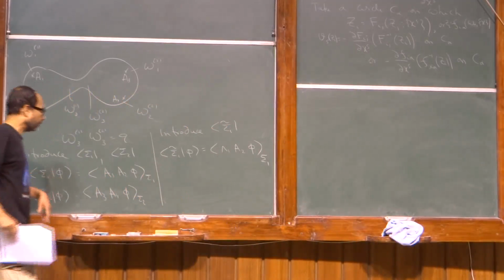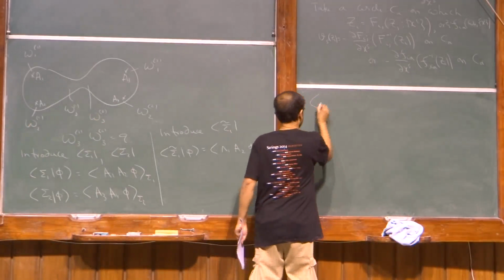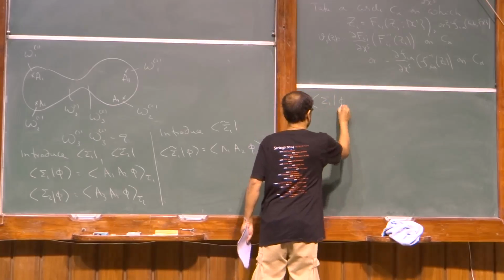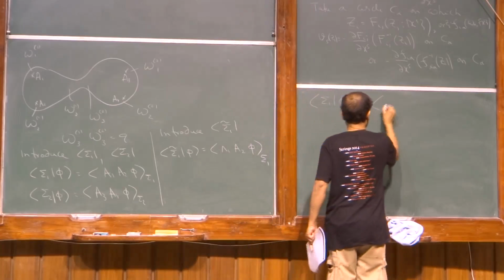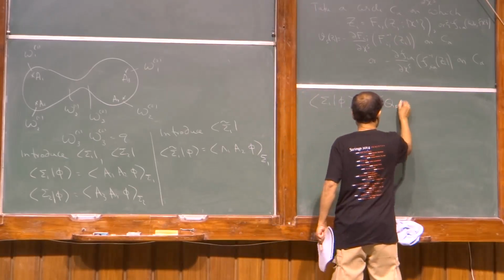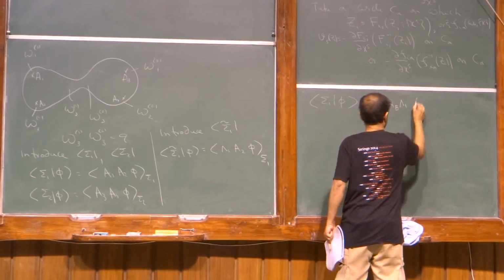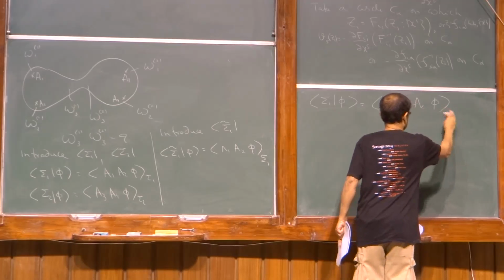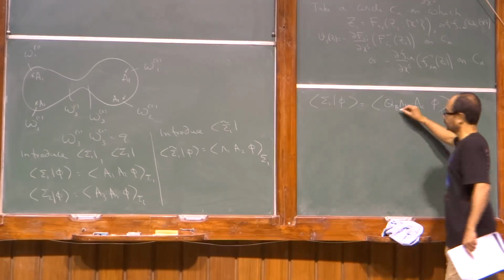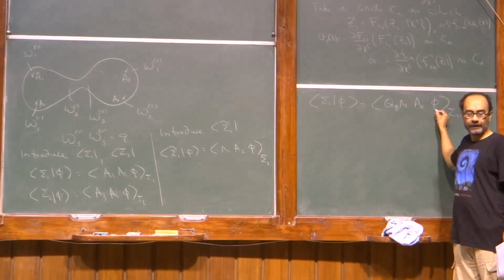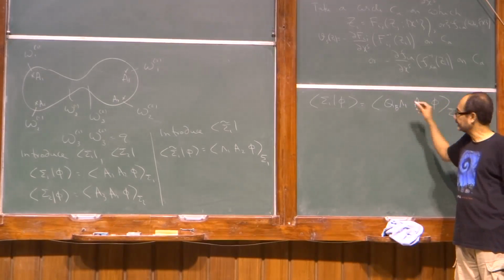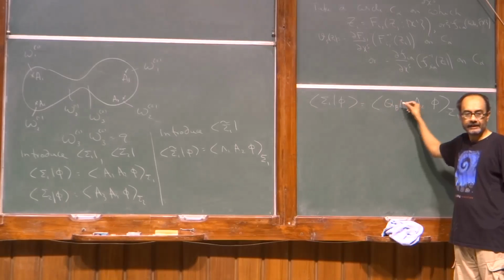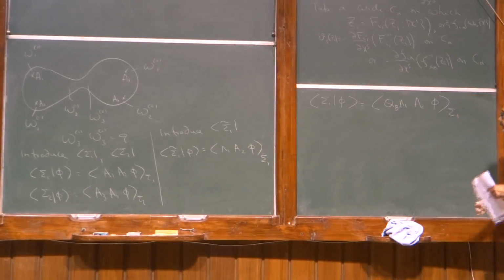So sigma 1 phi is QB lambda 1, A2, phi, because A1 is QB lambda 1. This is the integral of the BRST current around lambda 1.